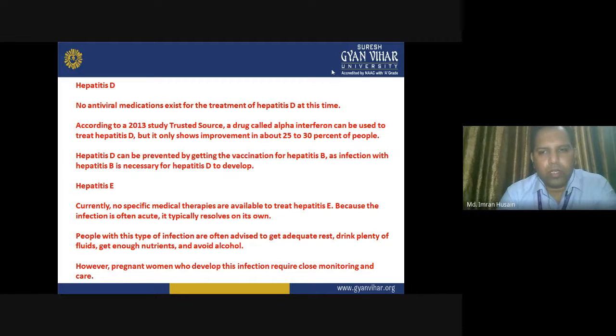People with this type of infection are often advised to get adequate rest, drink plenty of fluids, get enough nutrients, and avoid alcohol. See, somewhat every time the advice is the same. However, pregnant women who develop this infection require close monitoring and care.